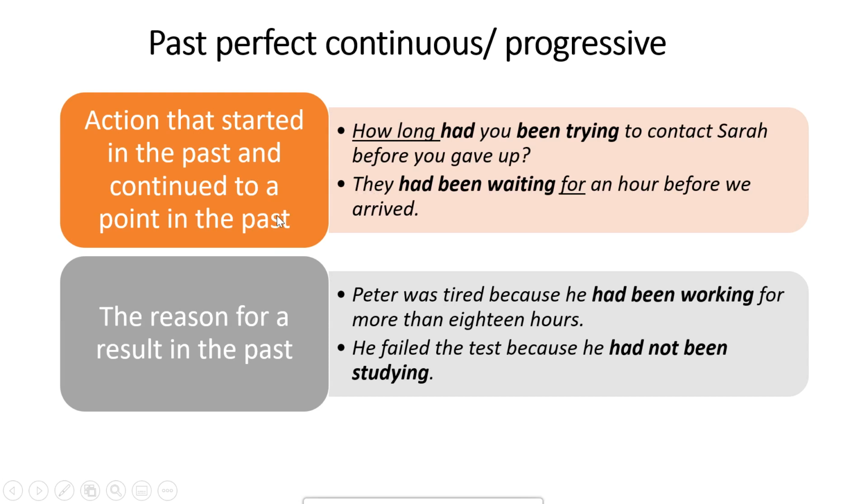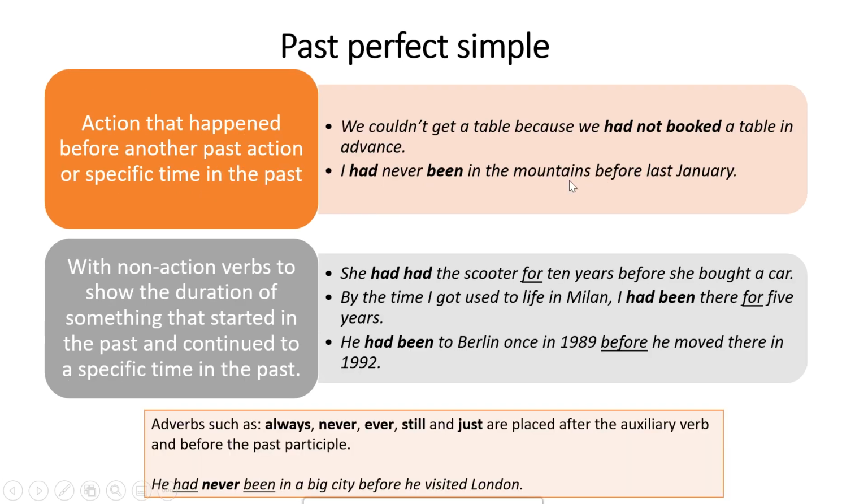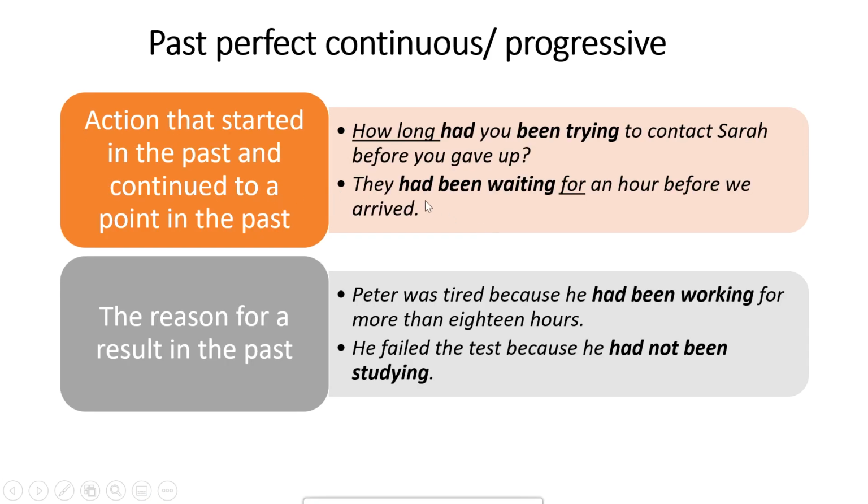Continued like repeated, yes, or didn't stop, yes, like they had been waiting for an hour before we arrived. Again, we see this for is what we had before here with past perfect simple, but this time with action verbs, yeah, to show duration.